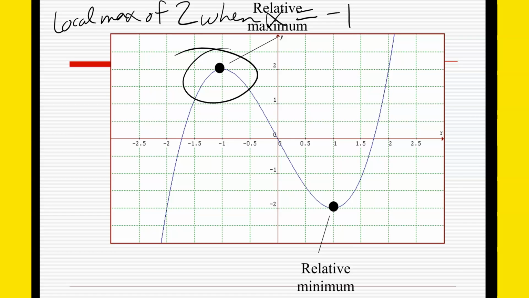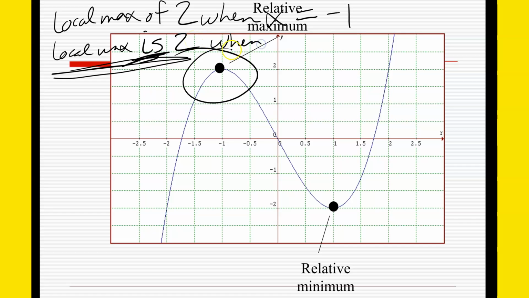So the local max is 2. So the "of" is the y coordinate. The "when" or "where", same thing, is the x coordinate, where x is -1, or at x equals -1.